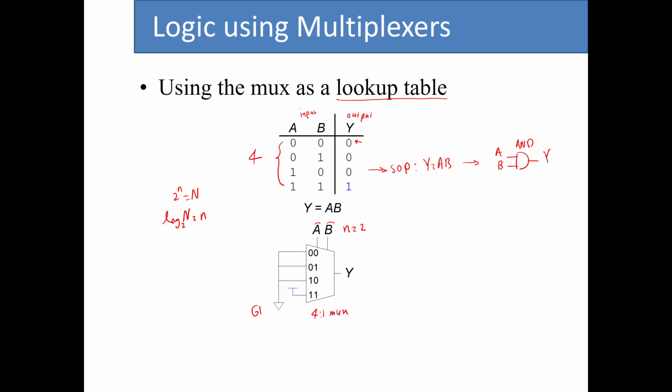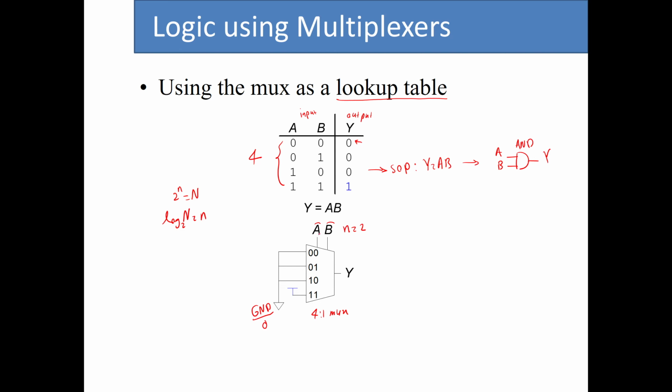This is the symbol that we will use for the ground, and you saw it before when we were implementing logic gates using transistors too. So anytime A and B are both 0, the 0, 0 input of the multiplexer will be selected, and that input is connected to the ground. So ground is 0, which means Y becomes 0.